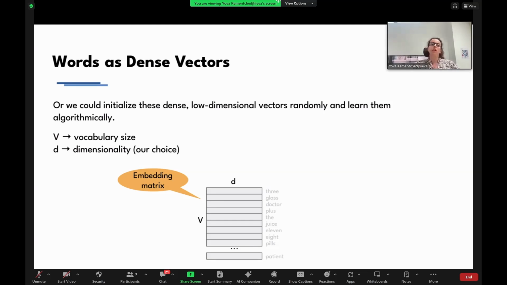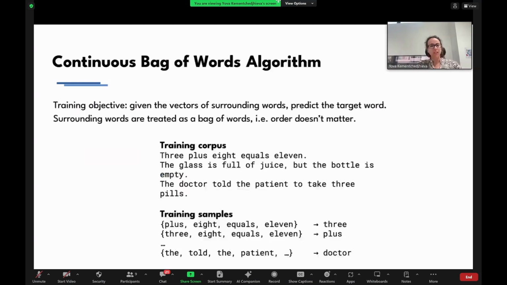So this could be 100, it could be 300, it could be 1,000, depending on how much data we have to learn from, how much compute we have available, how complex the task is that we want to solve, and so on. In the peak of word2vec, the typical dimensionality of this was 300.